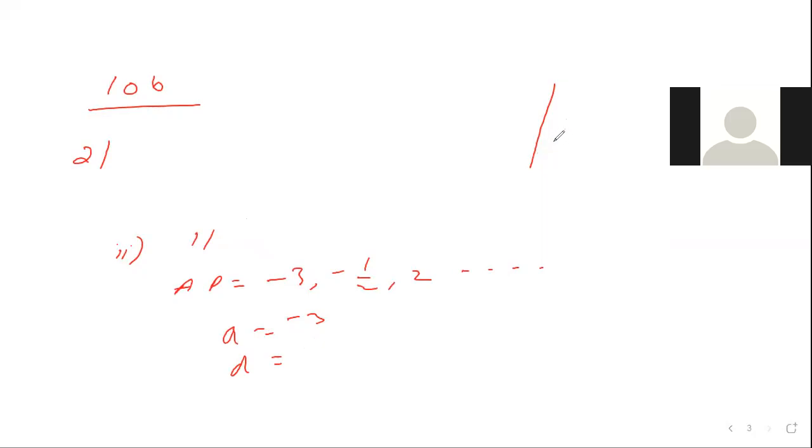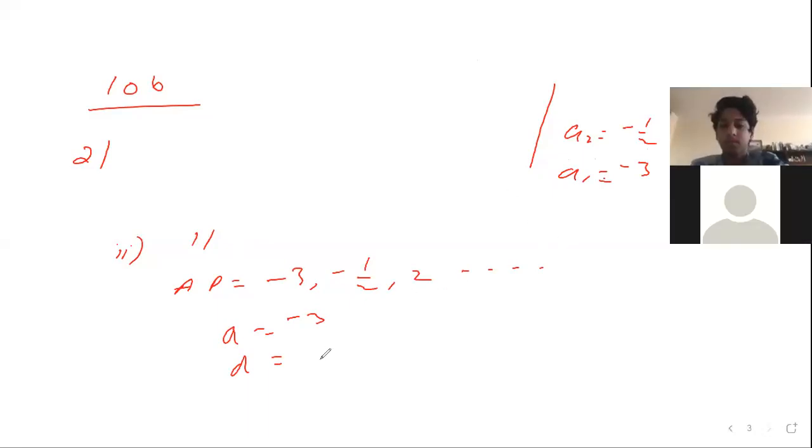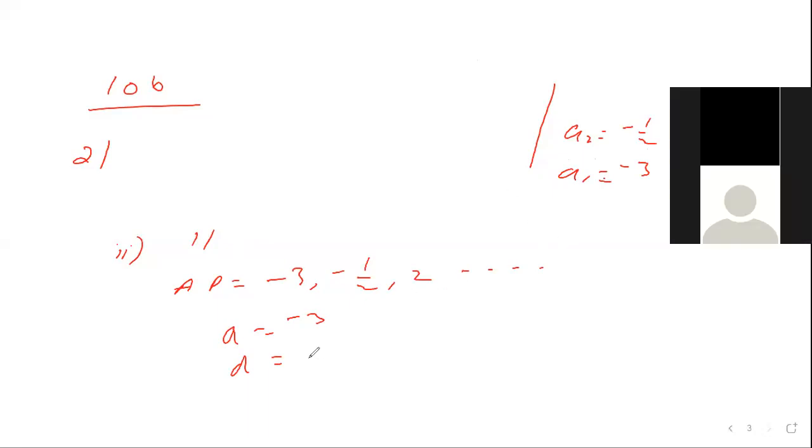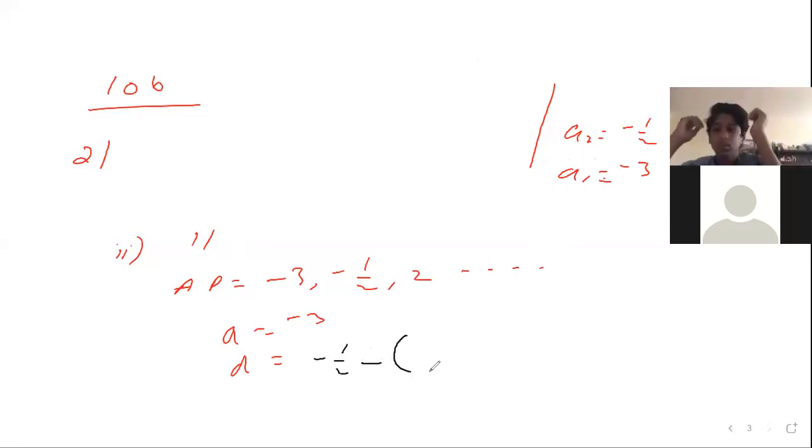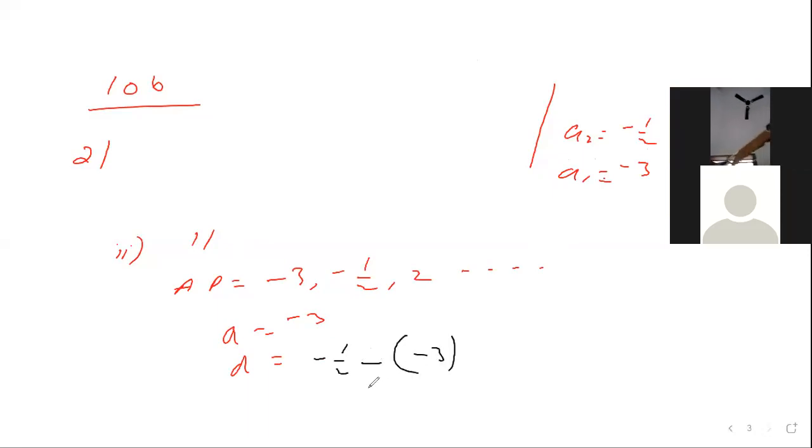D is A2 minus A1. A2 is minus half, A1 is -3. So we have to find out D. D is equal to A2 minus A1, that is minus half minus 3. All of you do this one.